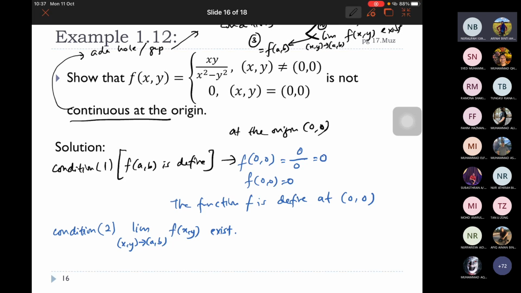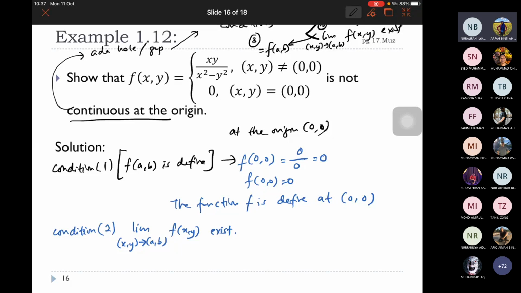Senyap je semua. Ada ke tak ada? Okay, dia punya limit exist or not for this case?